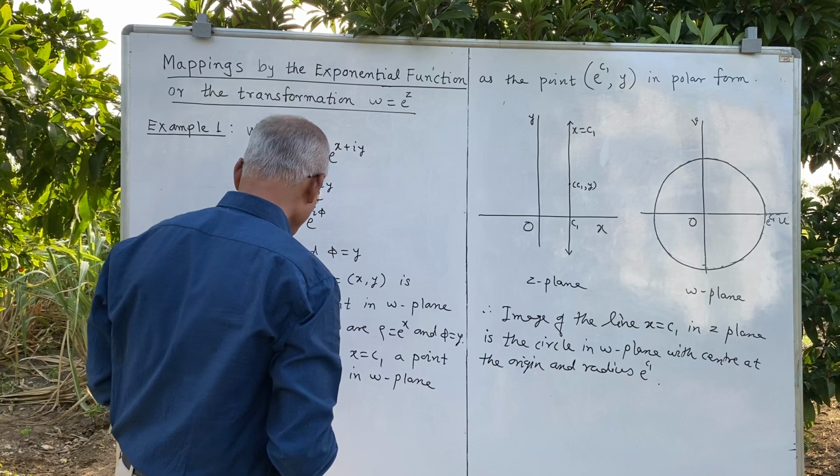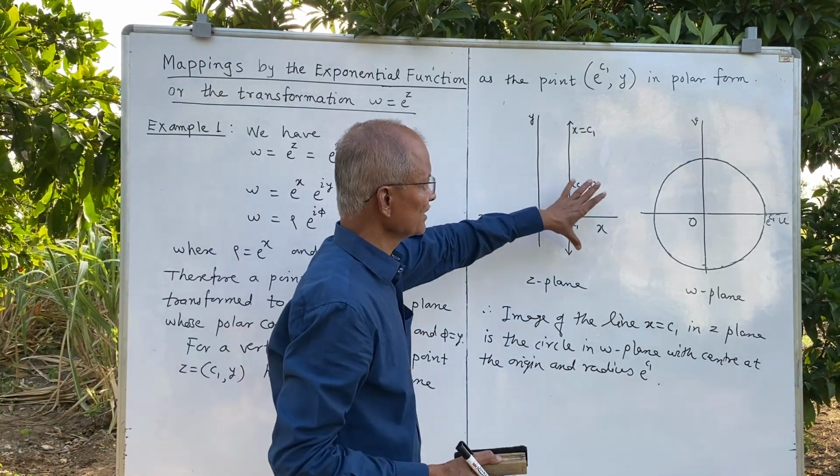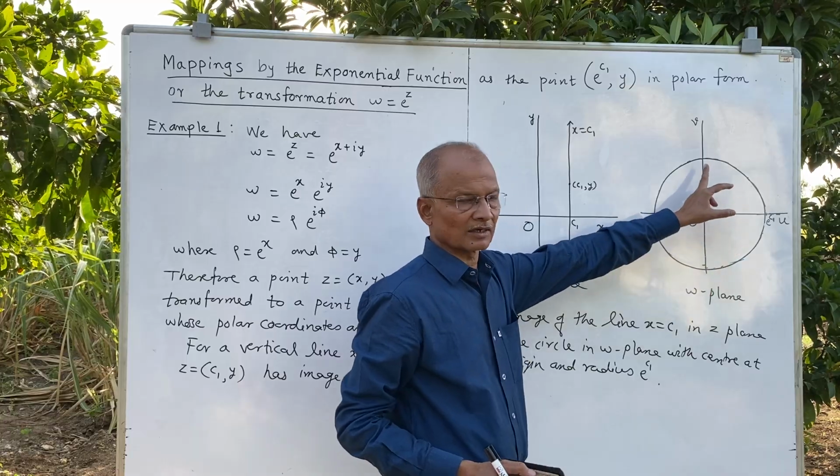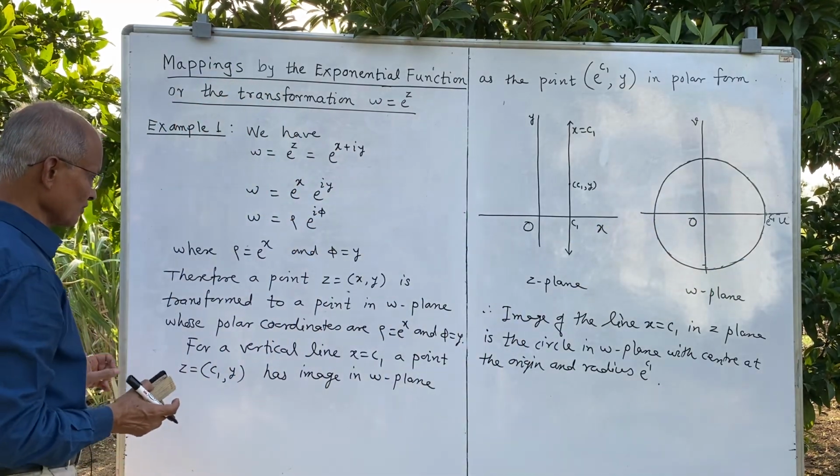Now we shall consider a horizontal line. We have considered the vertical line, and we have seen its image is a circle. Now take the horizontal line, that is y is equal to c2.